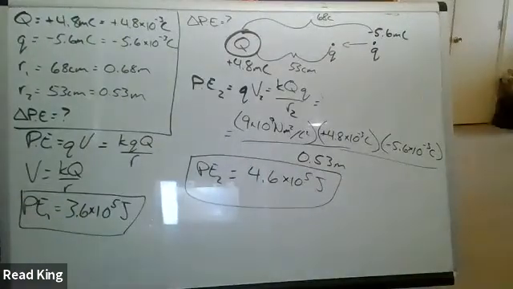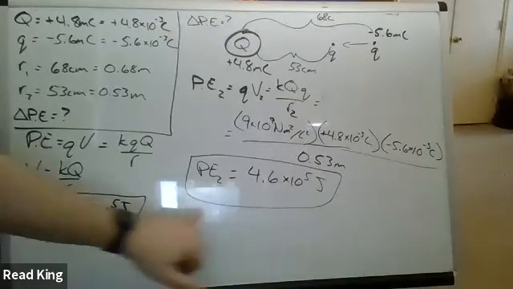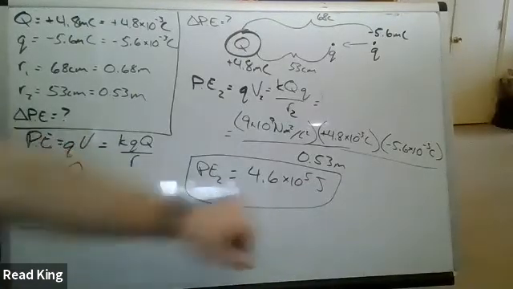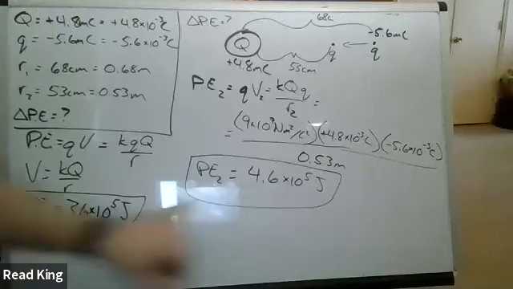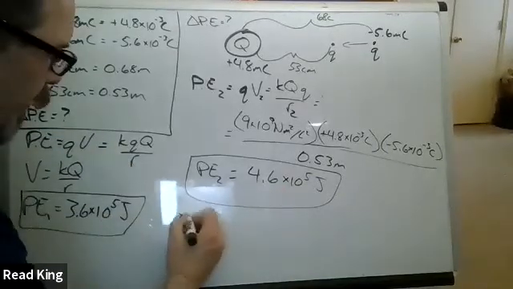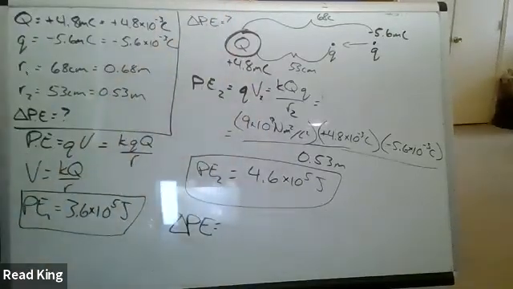Okay, so we see that the potential energy increased from 1 to 2, and it increased by 1.0 times 10 to the 5th joules. So the change in potential energy, oops, hold on a second. Actually, let's double check.